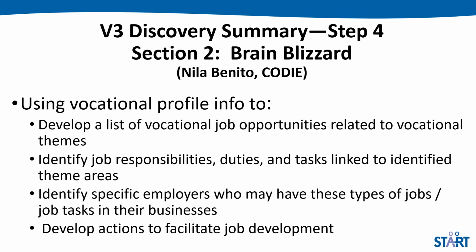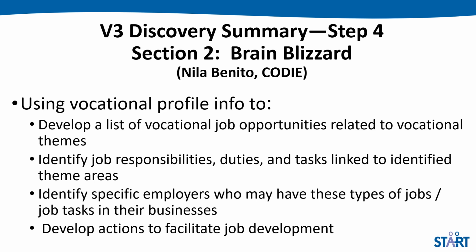So as part of Section 2, the next step after you gather this information, the 4 C's, is to conduct what's called a brain blizzard. Again, we didn't come up with that terminology. That's Neela Benito at the University of South Florida as part of CODI. But essentially, this is taking all of your information and now starting to develop a list of vocational job opportunities related to themes. What themes did you see when you look at all of the information in terms of skills and preferences, etc.? Were there some themes that might be related to a job that the student would be successful at?